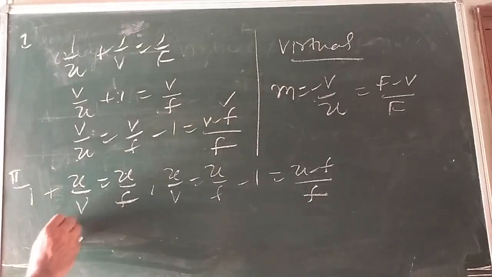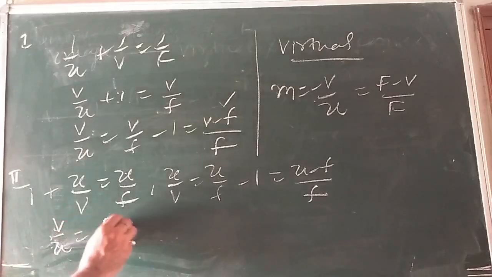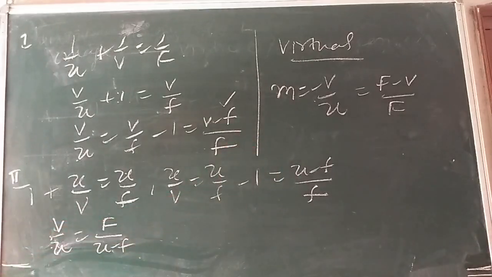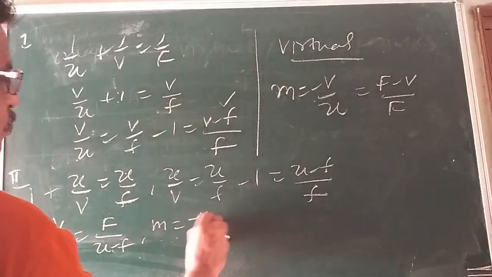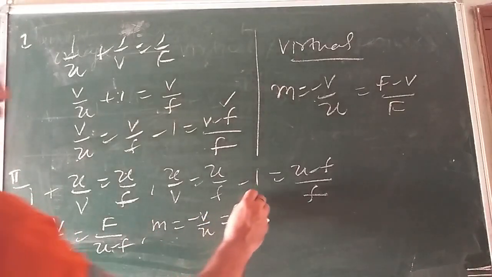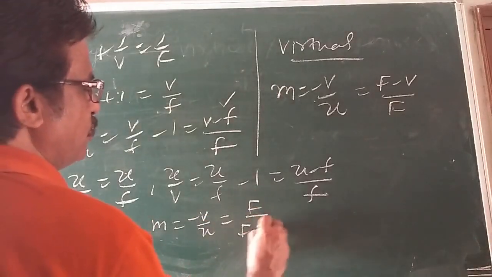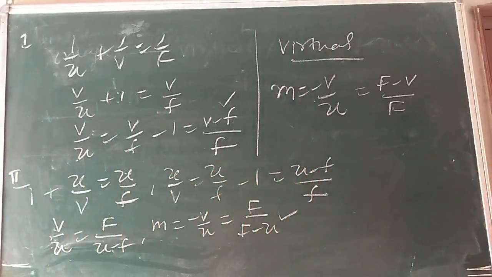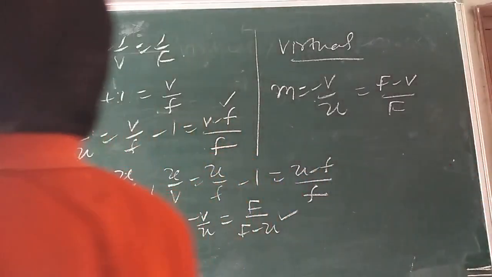So v by u comes out to be f upon u minus f. Just inverted this. So m is equal to minus of v by u. That I can write f divided by f minus u. These are the different formulas for the magnification in case of a virtual image or a real image.